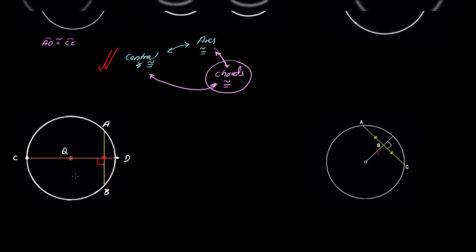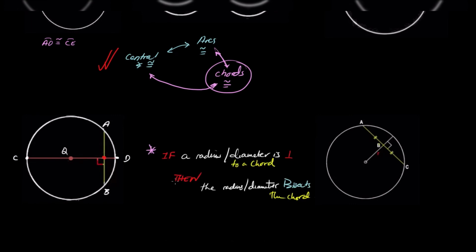So if the radius is perpendicular to a chord, or if the diameter is perpendicular to a chord, then the radius and the diameter will bisect the chord, correct? All right, so these are two very important theorems. So we can summarize it as follows. If a radius or diameter is perpendicular to a chord, then the radius or diameter bisects the chord.